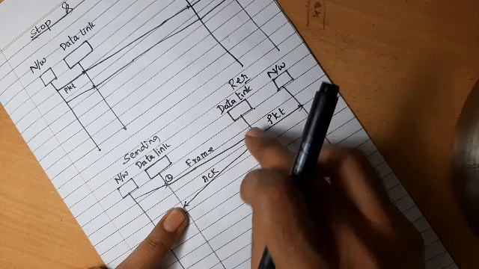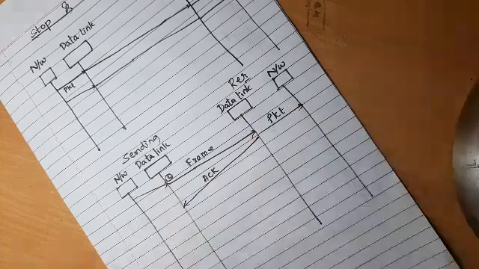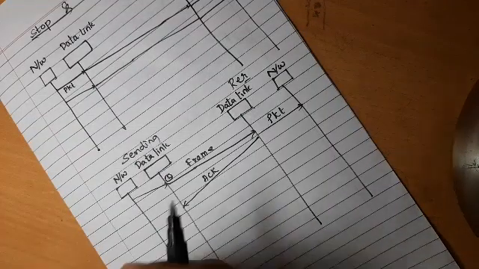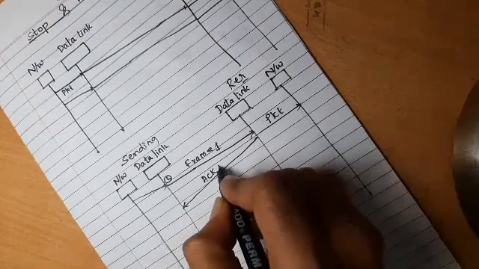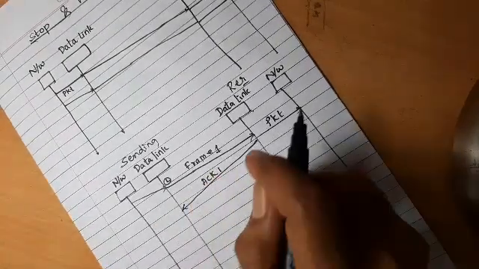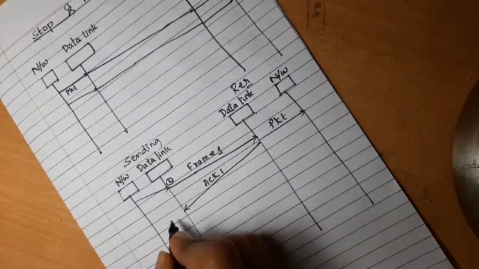In case the acknowledgement does not arrive, I will talk about that situation. Say I assume that my first frame has gone in a safe state, and for that the acknowledgement has come back to the sender. Now I will talk about the second packet.